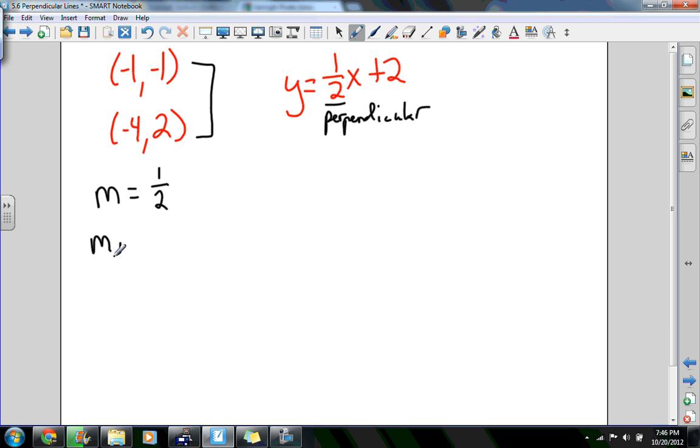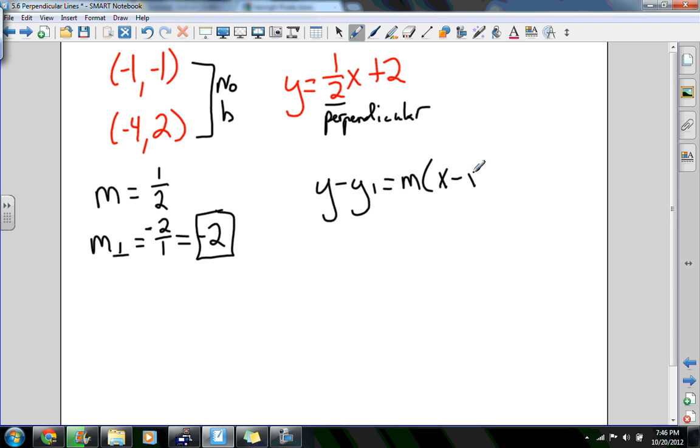Therefore, and this is the symbol for perpendicular right there, the m of our new line is going to be flipped, 2 over 1, and it's going to be negative. Negative 2 divided by 1 is just negative 2. So that's our m, and then it has to go through one of these two points. Neither one of these is b, so we have to use point-slope form.